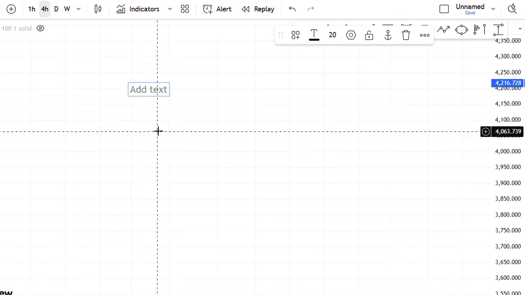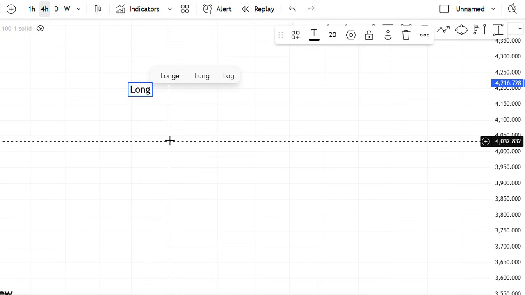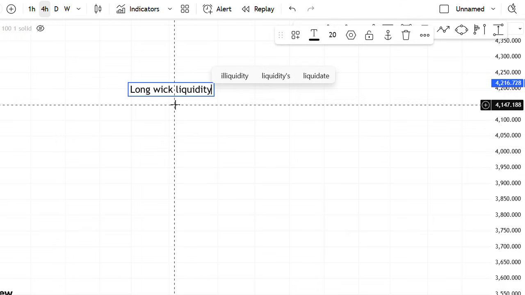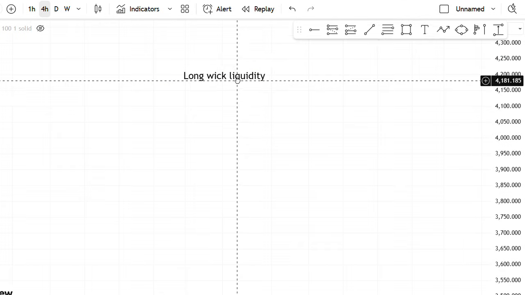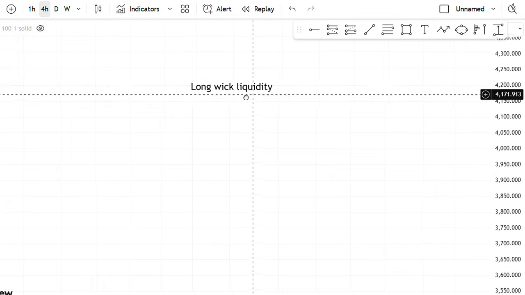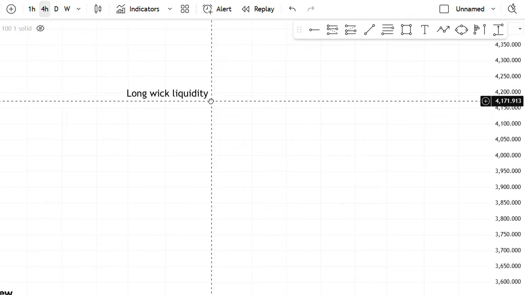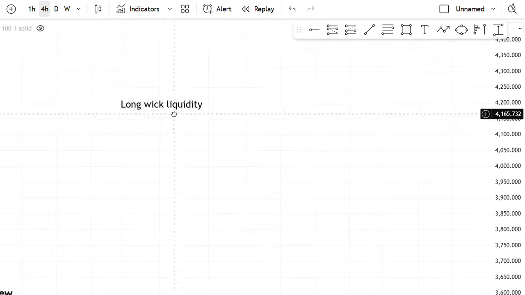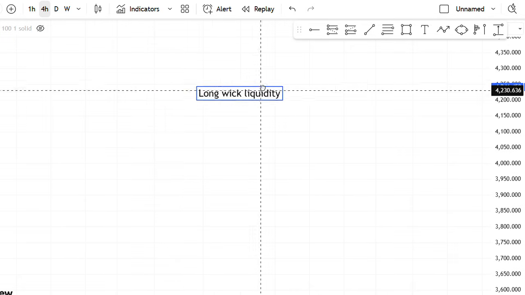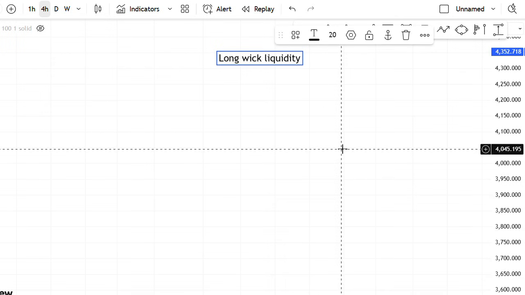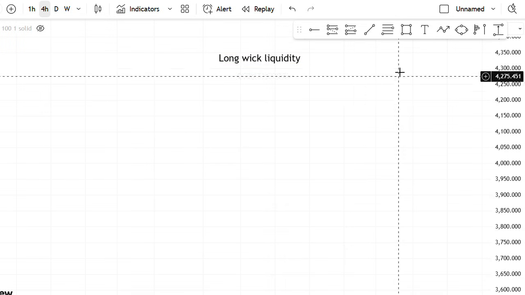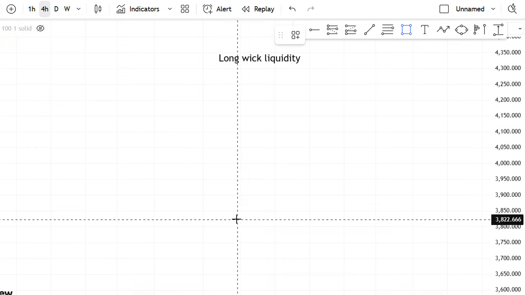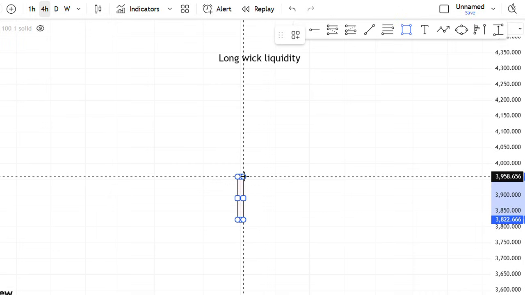So first of all, let's write it down here: the long wick liquidity. Let me draw an example of what I mean by long wick liquidity.